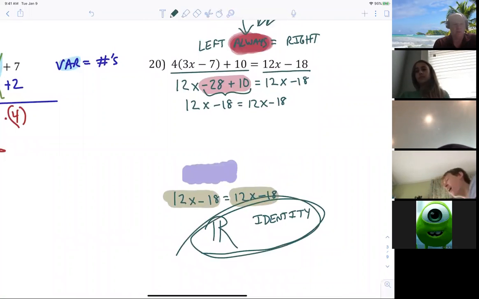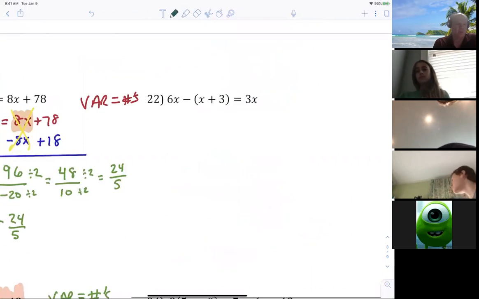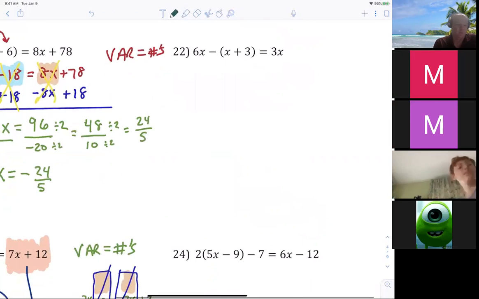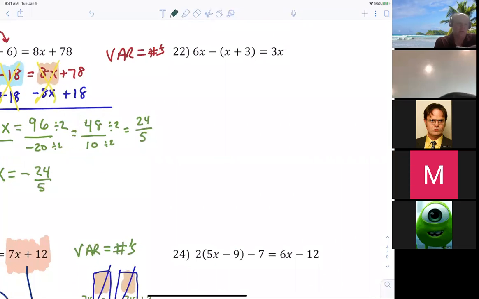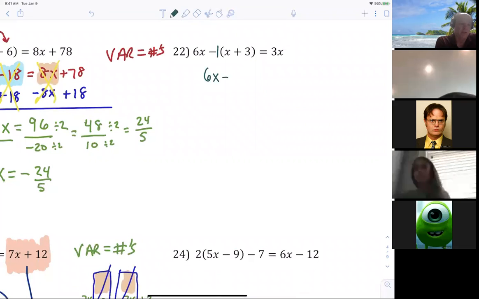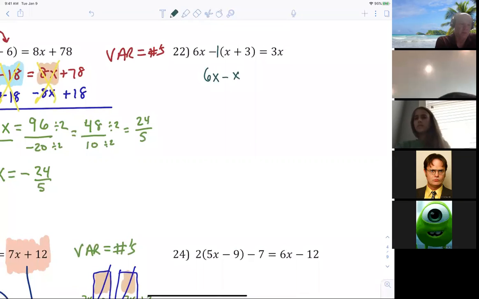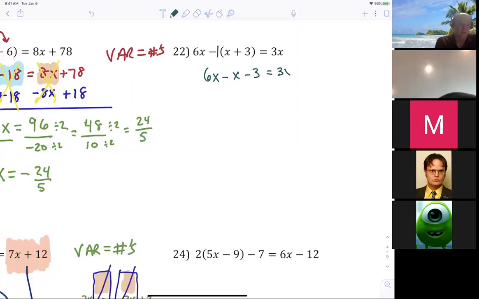All right? So let's check out 21 now, or 22. So on number 22, I need you to make yourself a special note. This is a -1. So I want to distribute the -1. So I want 6x minus x minus 3 equals 3x.